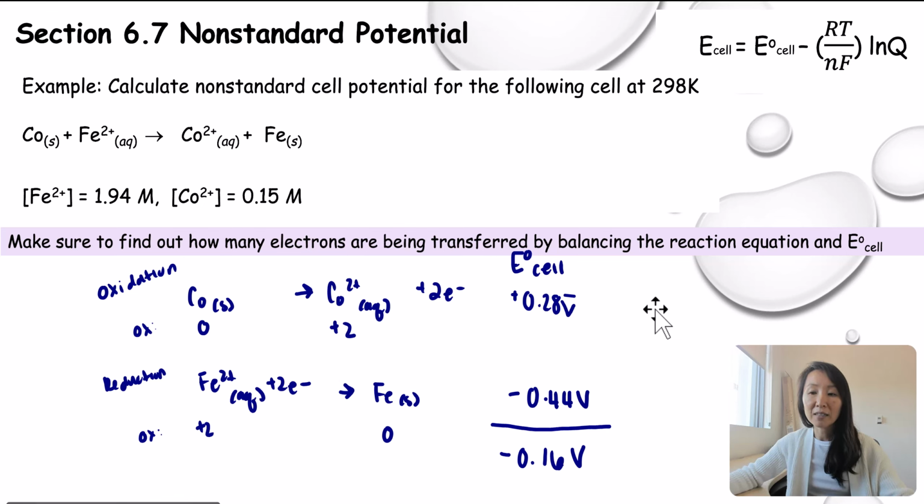So we got the E naught cell to be this. We're not yet at calculating the non-standard potential; we only got the standard potential E naught. So what do we do next? Next, we're going to find Q.